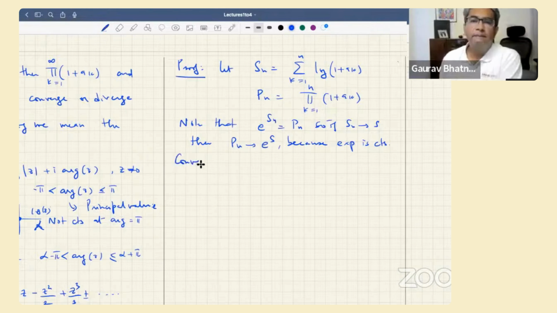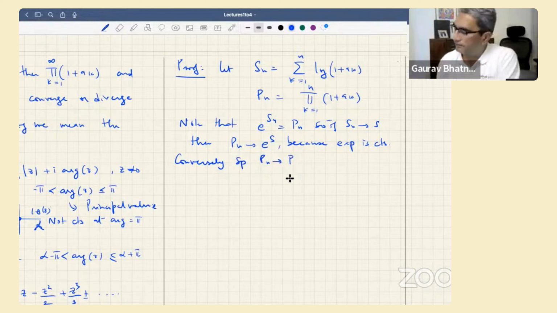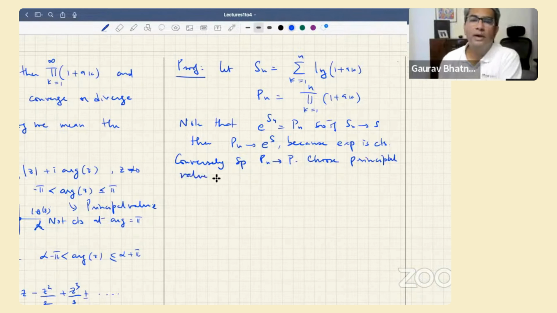Conversely, suppose P_n converges to P, and we choose the principal value of log P, that is, i times the argument of P basically.